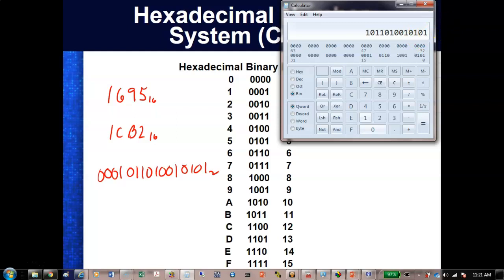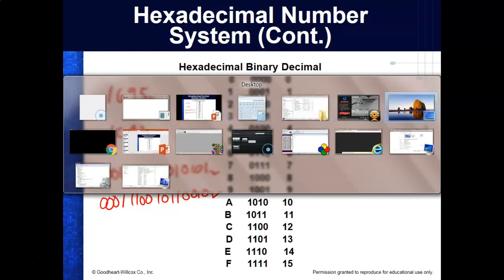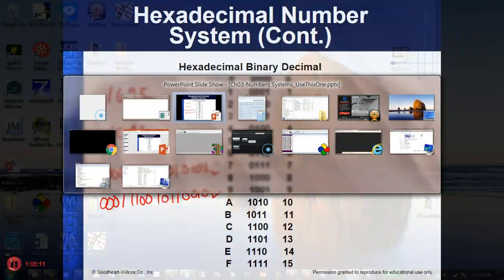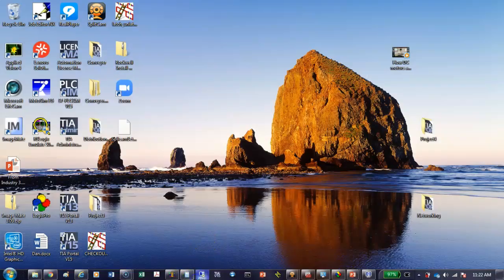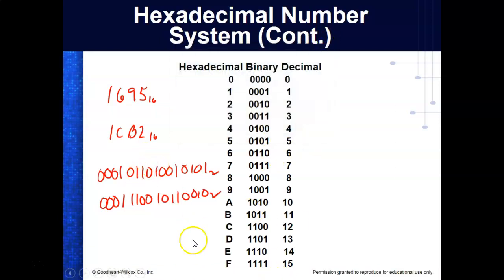I can go this one right here. Did I kill my calculator? I think I did. Okay, so we'll take that number, 1CB2.